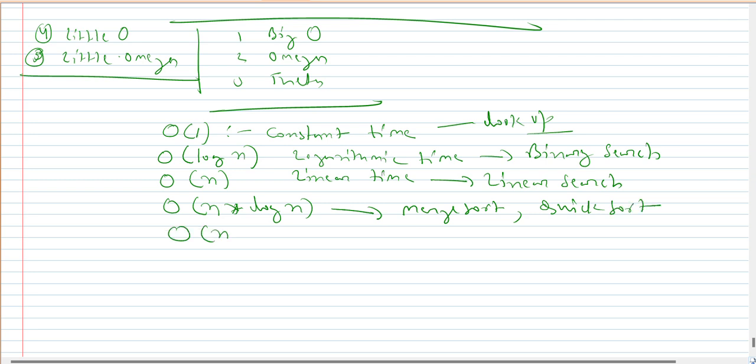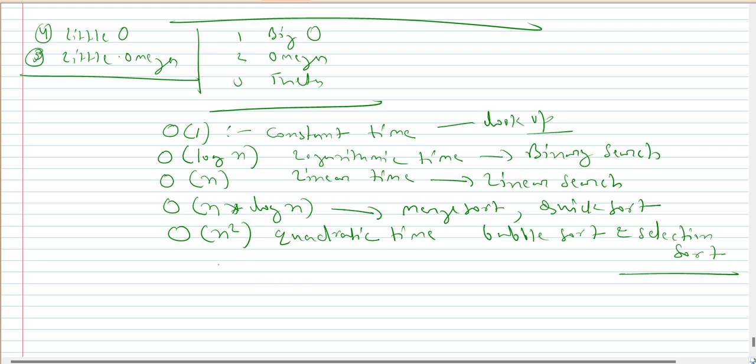We can also have quadratic time complexity, which we get with bubble sort and selection sort. Similarly, we can have exponential time complexity, and we can also have factorial time.